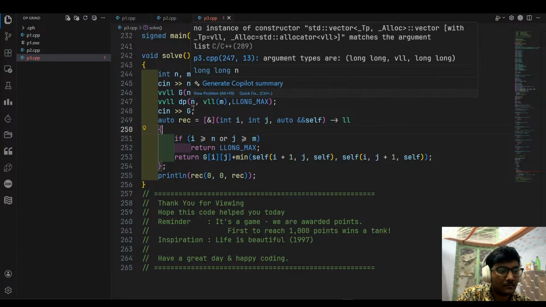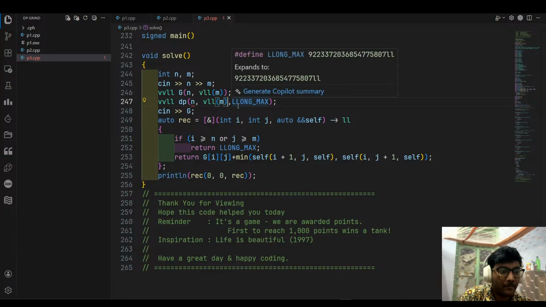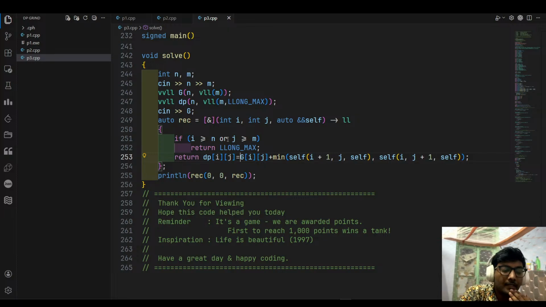I think this should be m comma long max. And now before returning, dp of i j equal to my thing. I think it is better if we just use a visited array.